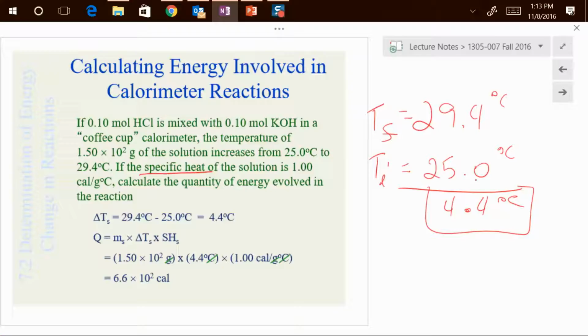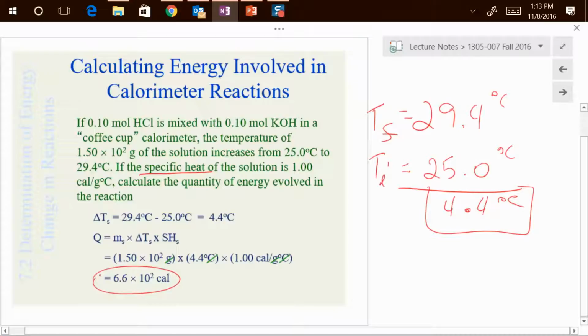Okay? And then I would have used the negative here as my 4.4 if it was a decrease in the temperature. And that would give me a negative Q. But in this case, because it increased temperature, I get a positive Q. 6.6 times 10 to the second calories, or 660 calories of energy was required.